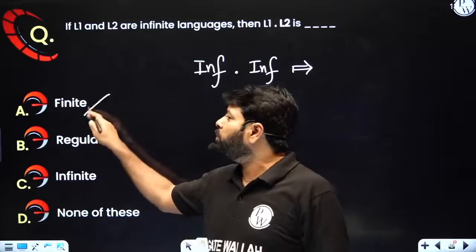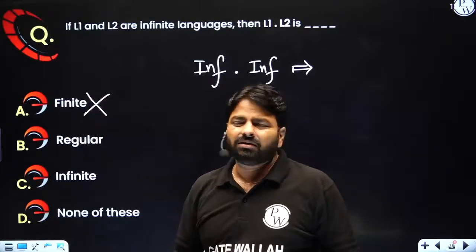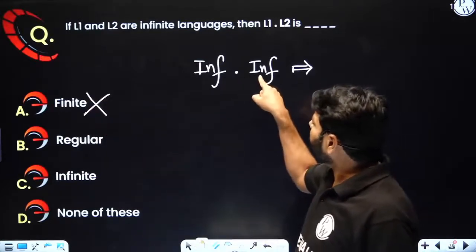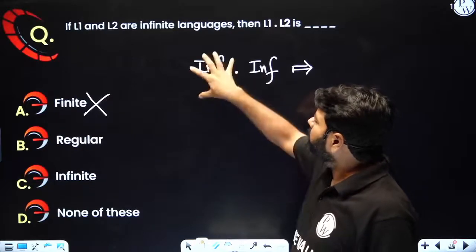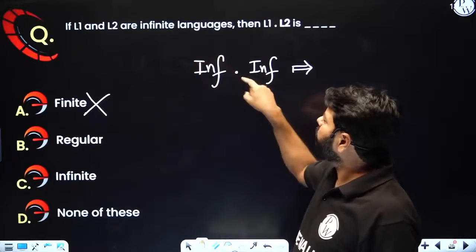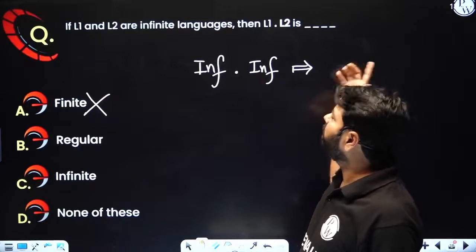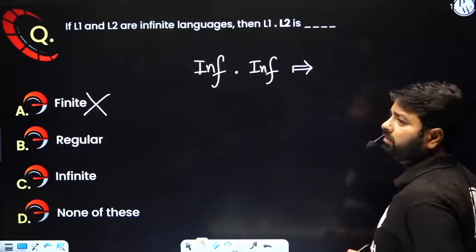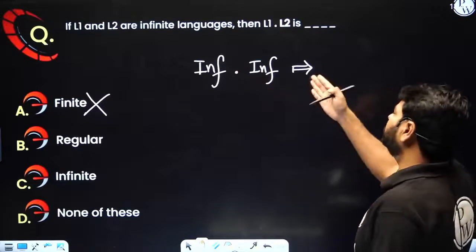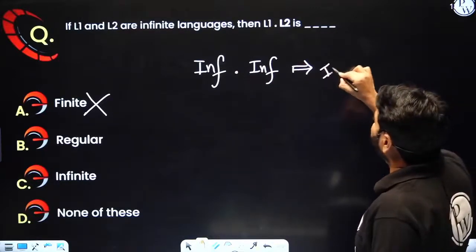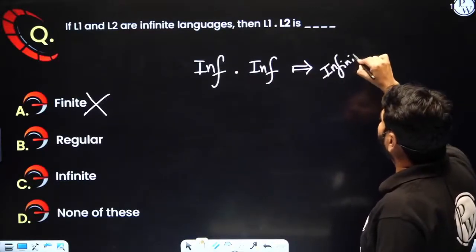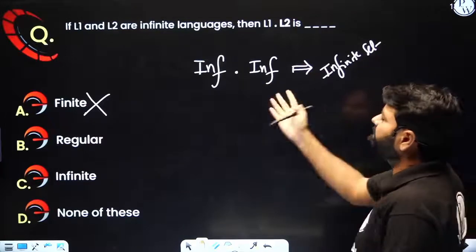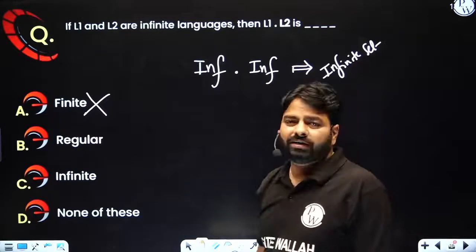Why is that? Because you take one string from this infinite set, and already there are infinite strings. When you concatenate with one string, you will get infinite. So an infinite language concatenated with another infinite language will always give an infinite set. Of course you may take the same infinite set if you wanted, still you will get an infinite set.